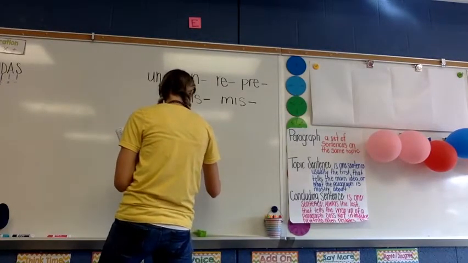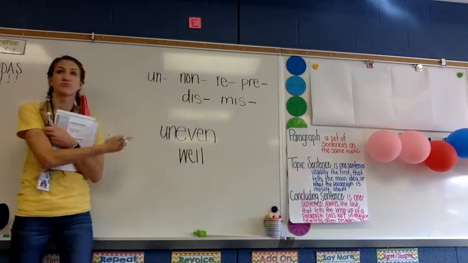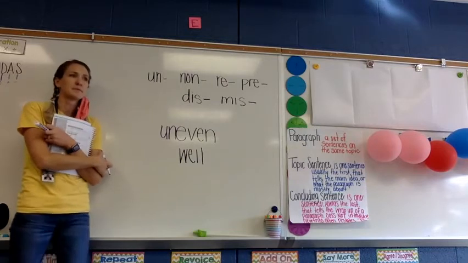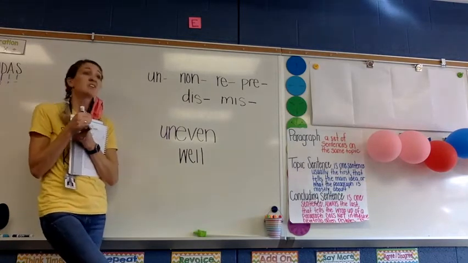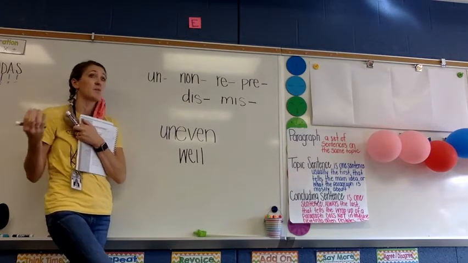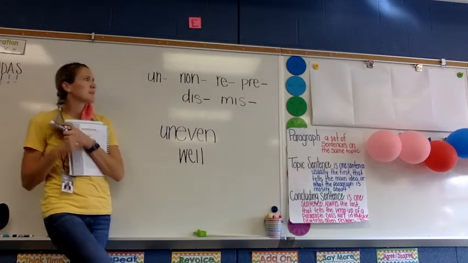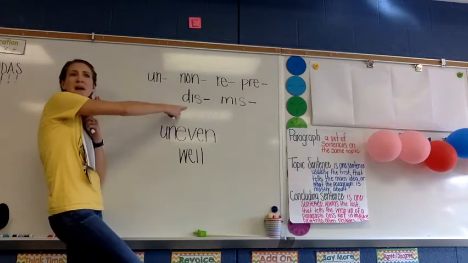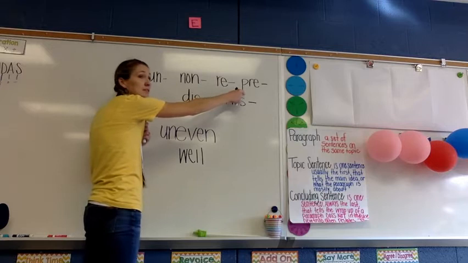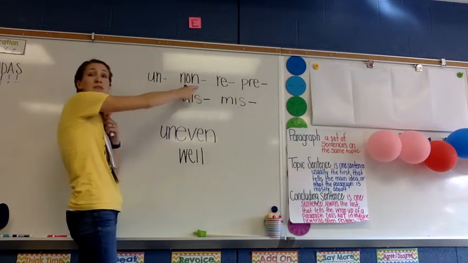We actually talked about this word today. This is the word well. What does it mean if you're well or if someone is well? Claire? You're healthy, right? You're doing things, you're feeling good. We talked about that today when we were doing our reading. Good. What prefixes could I put? Dis well? No. Mis well? No. Pre well? No. Re well? No. Non well? Yes.